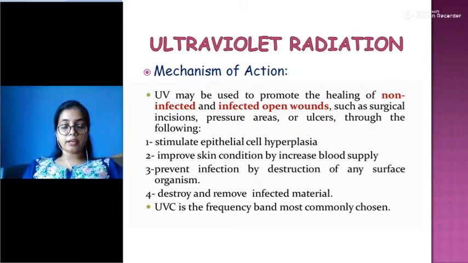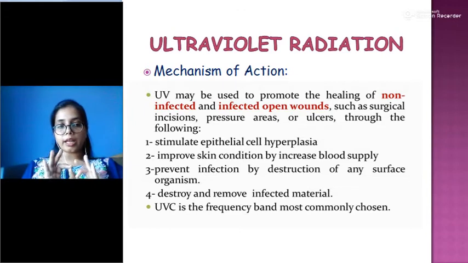Ultraviolet radiation is the gold standard form of treatment in open and infected wounds, specifically in pressure sores or ulcers which are infected, and also in surgical wounds. Physiologically, it stimulates epithelial cell proliferation and improves the skin condition by improving the blood supply.